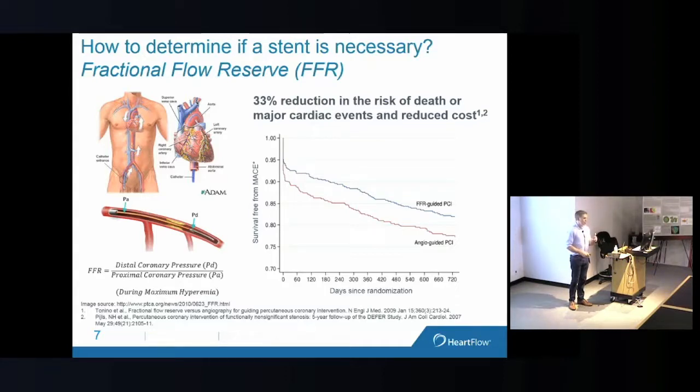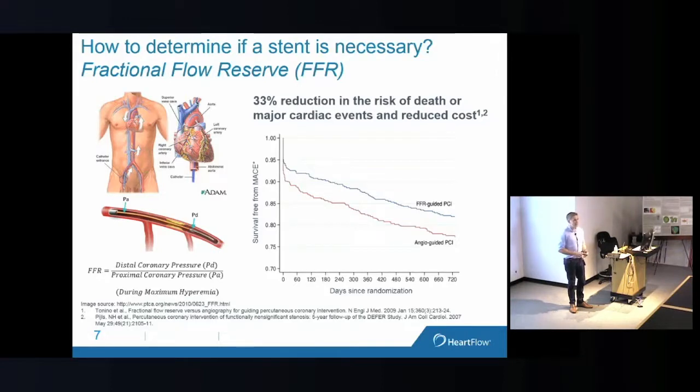If that ratio is below a certain cutoff, it's been shown with a number of clinical studies that the patient is better off receiving a stent. If that ratio is above the cutoff, then the patient is generally better off with medical therapy. So this is a great test, and it's been shown with these clinical studies it's the best known way of determining who needs a stent and who doesn't.